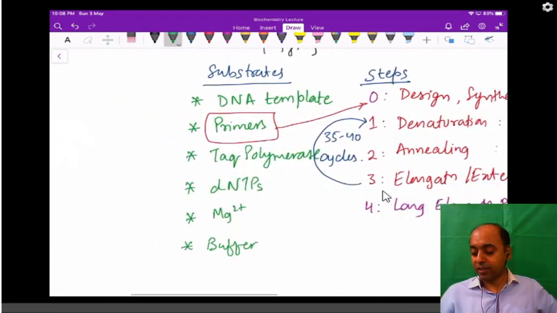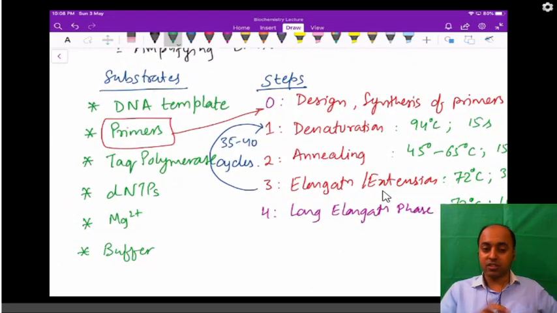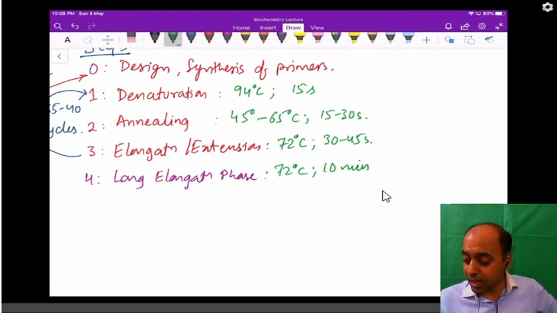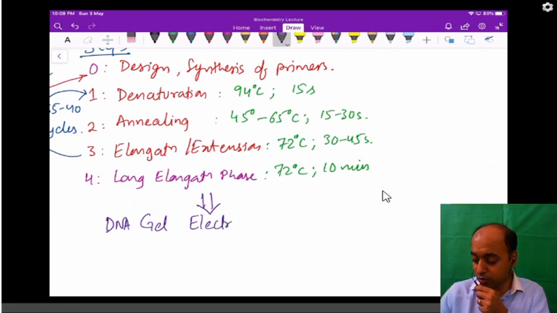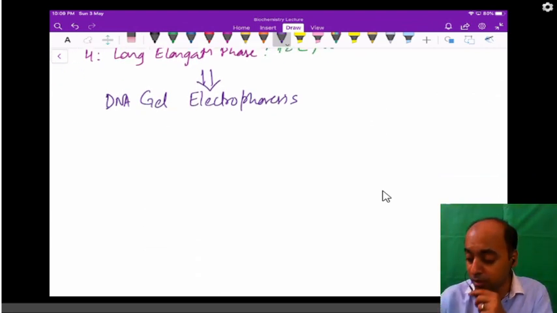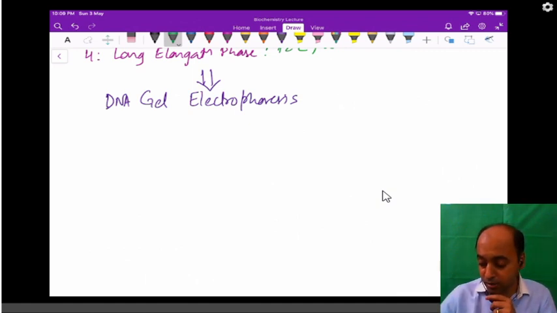So at a very basic level, for the polymerase chain reaction we require the 6 substrates which you have listed, and a series of steps need to be performed. At the end of these steps we still don't know the result. Electrophoresis. Only when we complete the electrophoresis will we get to know whether a successful polymerase chain reaction has occurred or not. Typically the dye used for the DNA gel electrophoresis happens to be ethidium bromide.